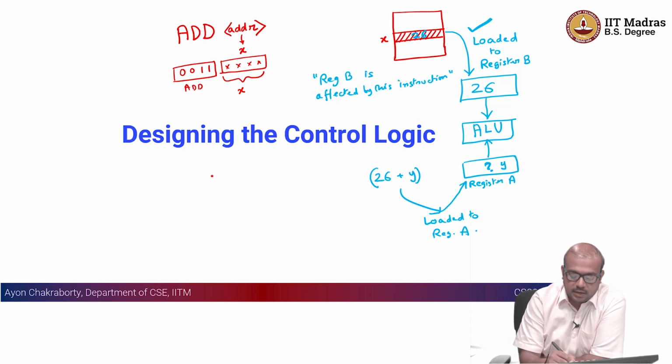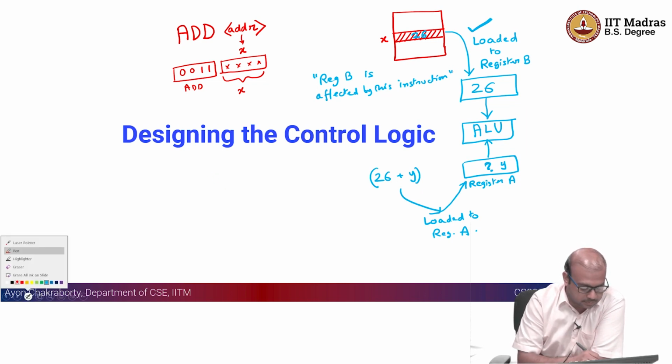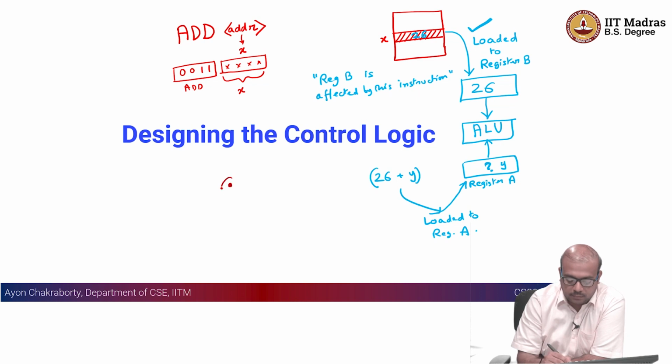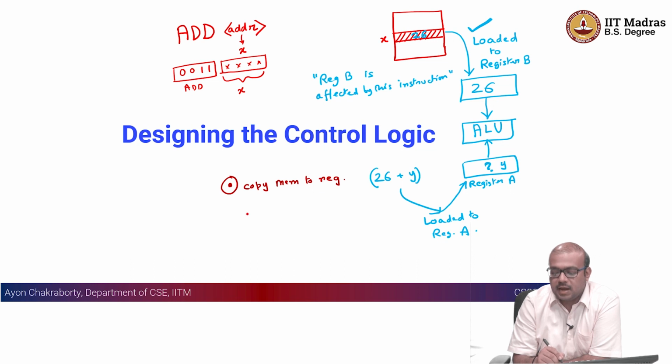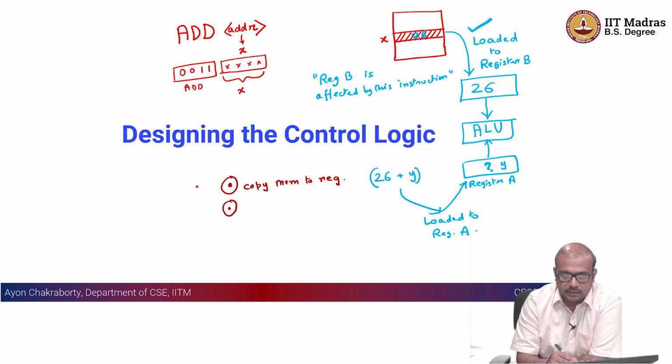So, let us summarize this particular operation that we have shown you. The first thing that we do here is copy memory to register, right. If we copy memory to register, the values are directly available to the ALU, right. So, in the next clock, let us say this is clock 1, let us say this is clock 2.